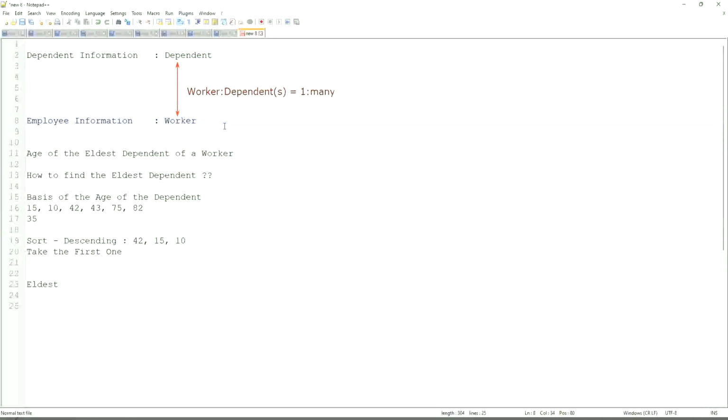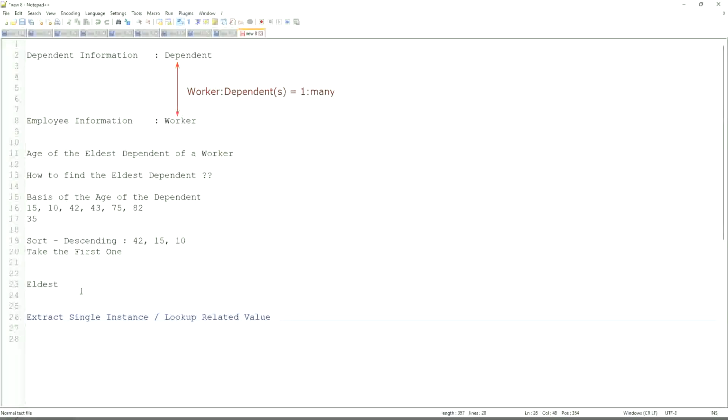Does the worker business object have the information about the dependent's age? The answer is no. That is why we are going to use a combination of calculated fields called Extract Single Instance and Lookup Related Value.